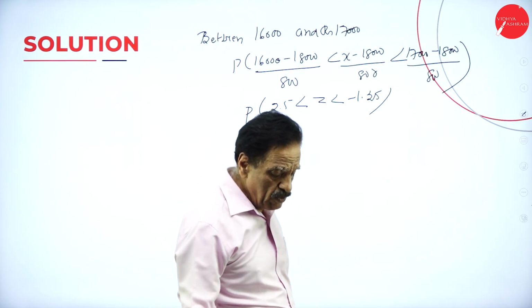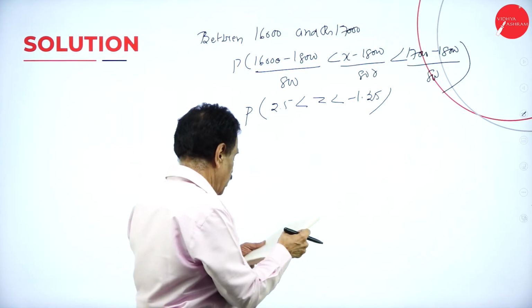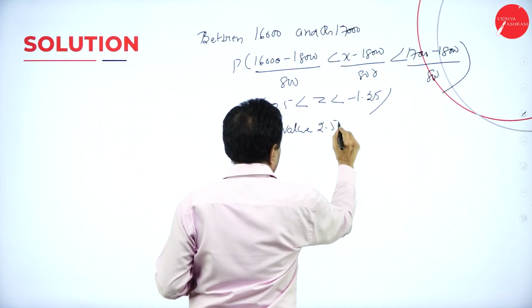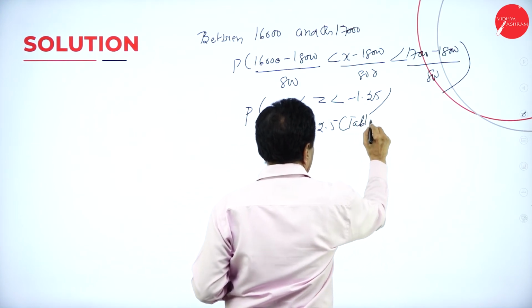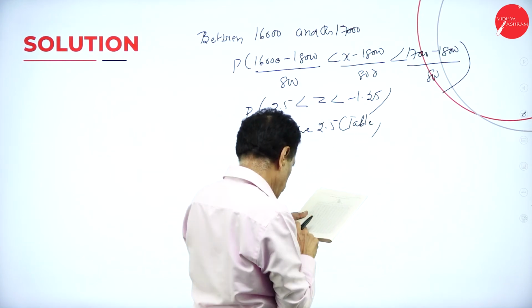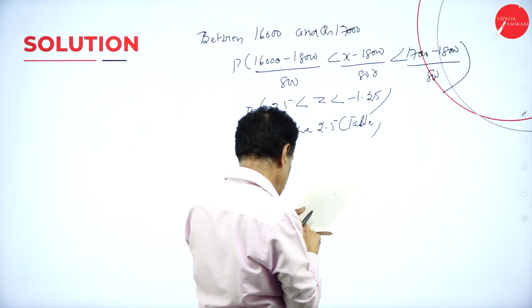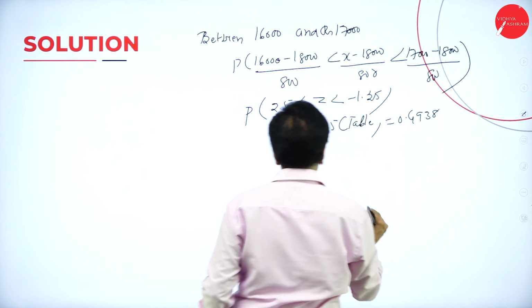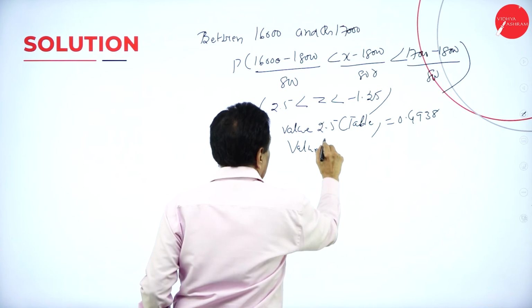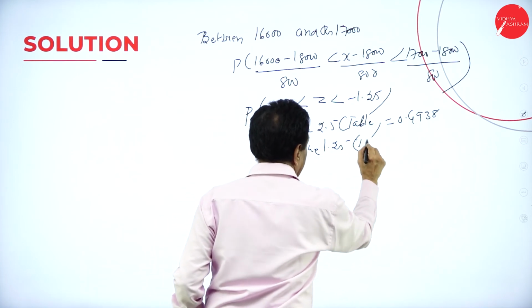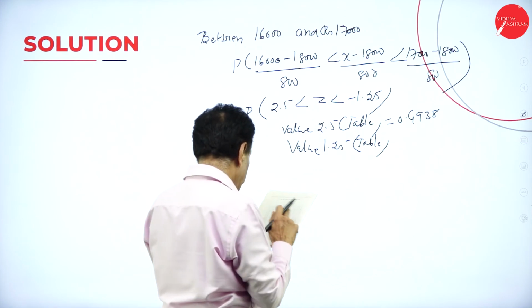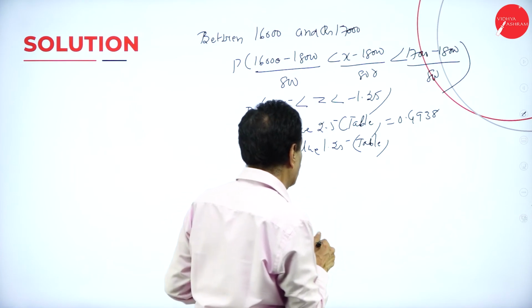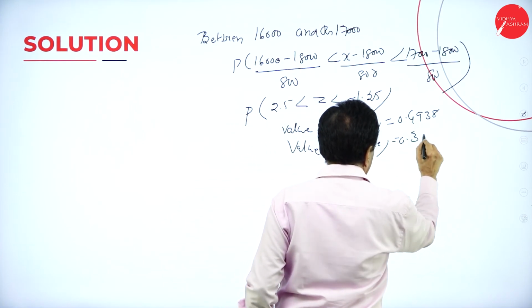Now you have to find the values. For 2.5, as per the table, the value is 0.4938. For 1.25, the table value is 0.3944.